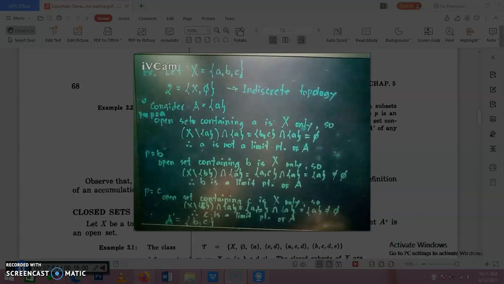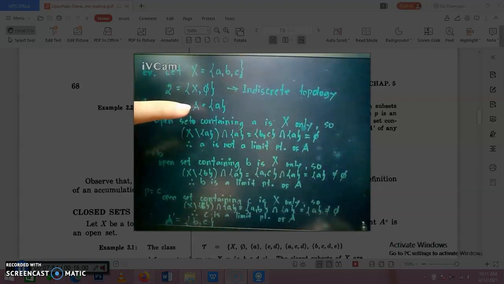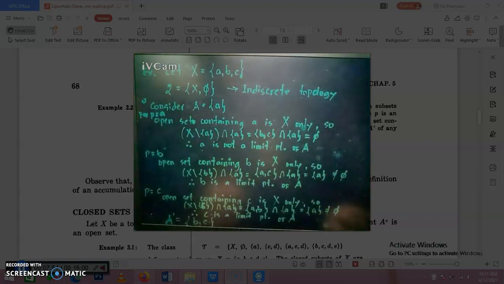Okay, what if we consider another set A which is also a singleton set? Say, for example, set A is the set with element B only. What do you think is the derived set?